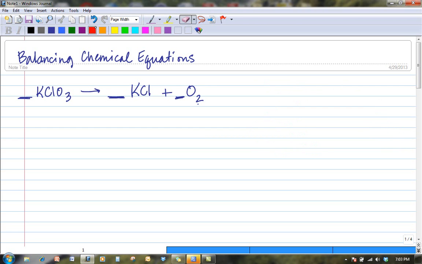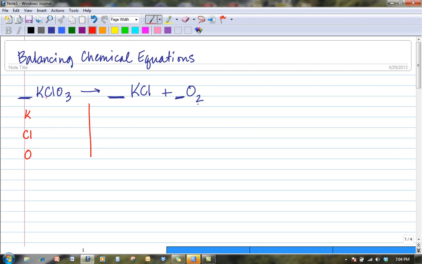So in order to get going, what I am first going to do is draw a line where the arrow is, just to split up my reactants from my products, and I'm going to list the elements that I have on each side of the arrow.